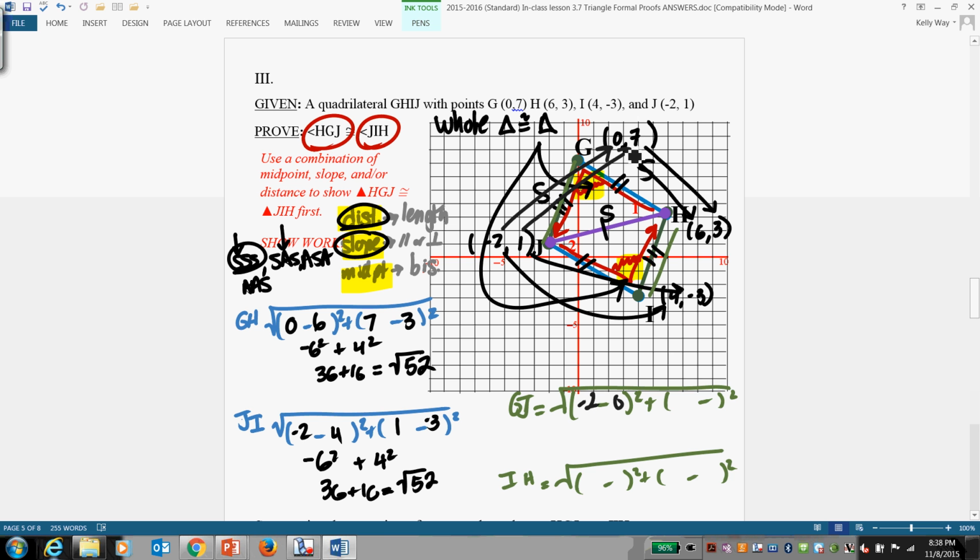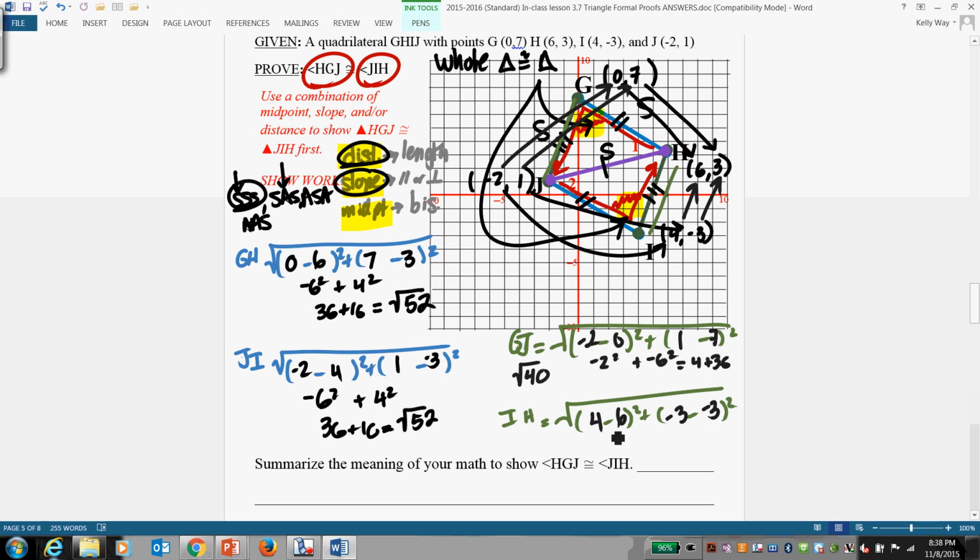And y minus y, 1 and 7. That's going to be 4 and 6, -3, -3. Let's do our math. This is -2 squared. That's going to be -6 squared. That's 4 plus 36. GJ is the square root of 40.